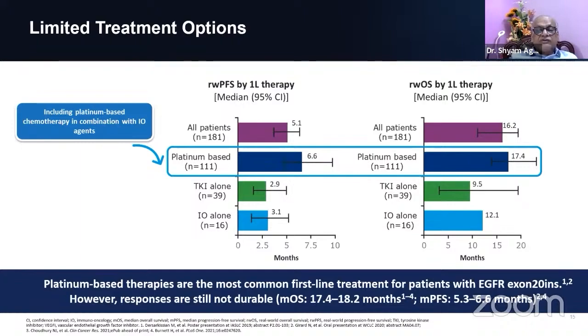I think the best outcome seems to be with platinum-based chemo in terms of PFS, and the overall survival going up to 17.4 months. So this tells us that this disease is different and maybe not that responsive to therapy as compared to patients who do not have exon 20 insertion. Next slide.